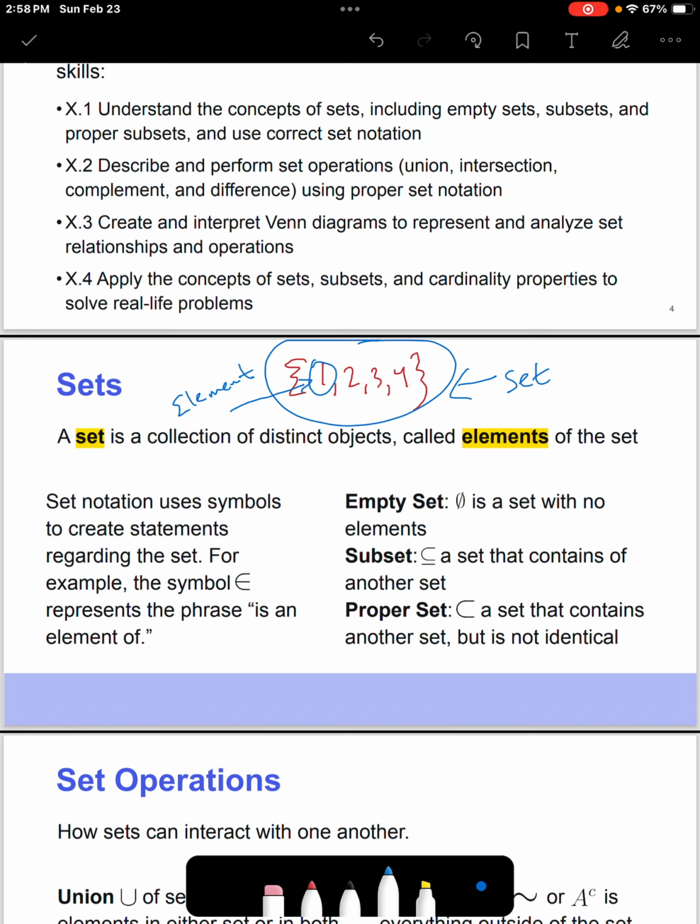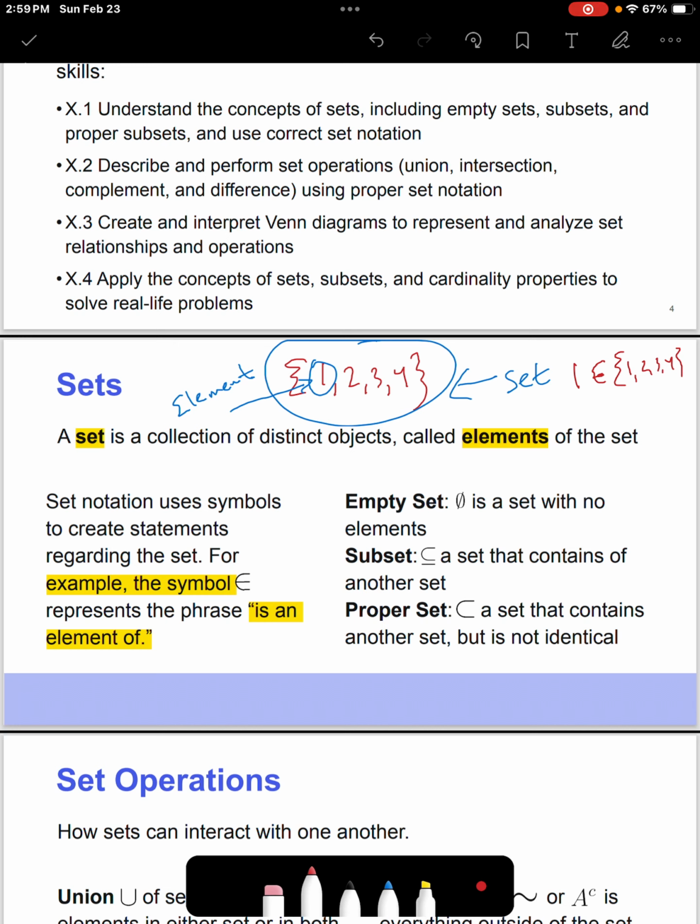Set notation uses symbols to create statements regarding the set. For example, the symbol ∈ represents the phrase "is an element of." So here's a symbol, and it represents "is an element of." So we would say that 1 is an element of this set.